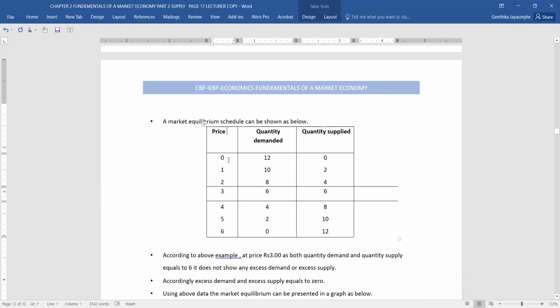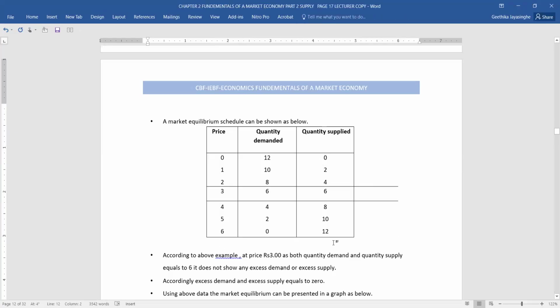price will be 0, 1, 2, 3, 4, 5, 6. At these prices, quantities 12, 10, 8. You can see when the price is very high, you produce less. At the same time, when quantity supplied is taken at lower prices, you produce very little, and at higher prices, you tend to produce more.